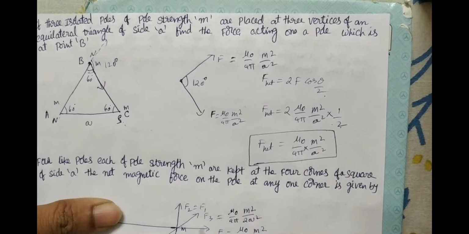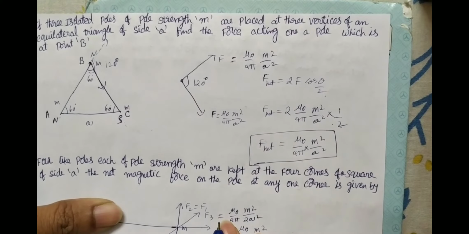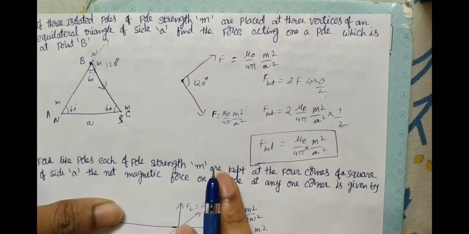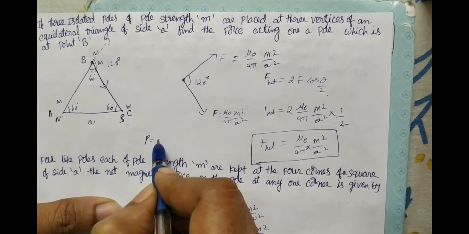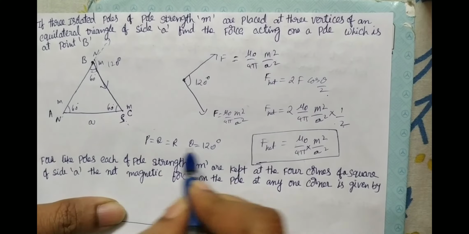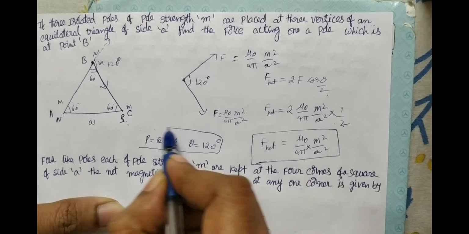That means if two equal vectors make an angle of 120 between them, then the resultant is also equal to the magnitude of any one vector. So in this case we can take P equal to Q equal to R, then theta is equal to 120. This is the relation from the parallelogram law of vector addition.